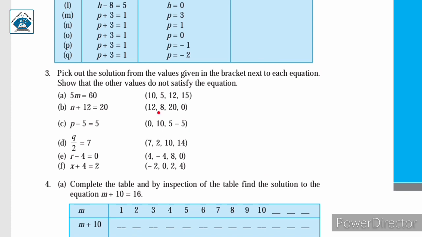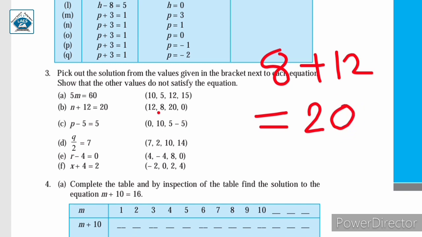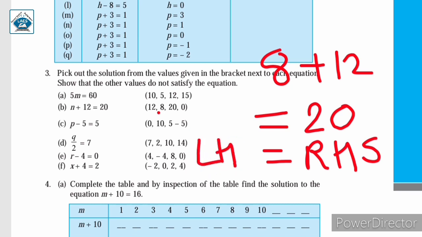Here n plus 12 will become 8 plus 12, which is equal to 20. And this is equal to right hand side. This is given to us. Therefore, LHS is equal to RHS. Therefore, the equation is satisfied. So here n is equal to 8 is the solution of this equation.